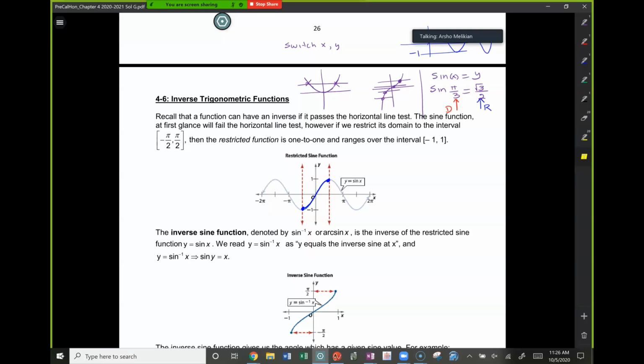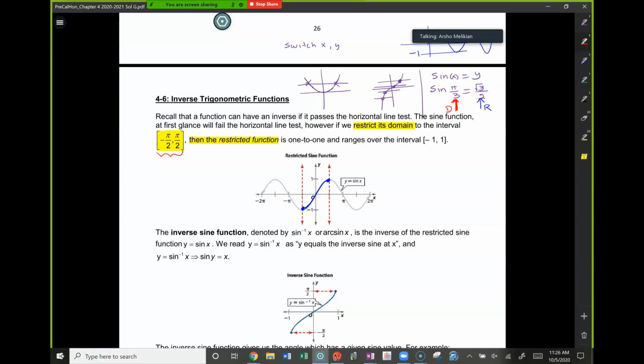So what this is called is we are restricting the domain. And this is the restricted function. And it only exists on the interval -pi/2 to pi/2. So remember how here, when we had sine of pi/3, I said the domain could be anything?